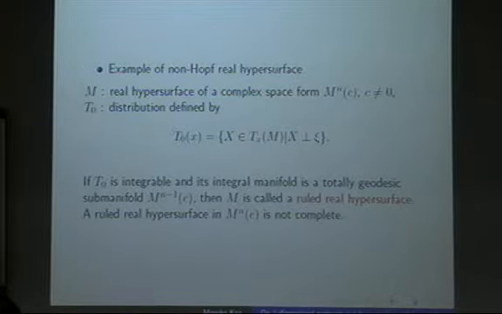And this is an example which is not a Hopf hypersurface. It is called a ruled real hypersurface. For a real hypersurface of a complex space form, we define a distribution T0 by this equation at each point x in M. It is the set of tangential vectors orthogonal to the structure vector field.